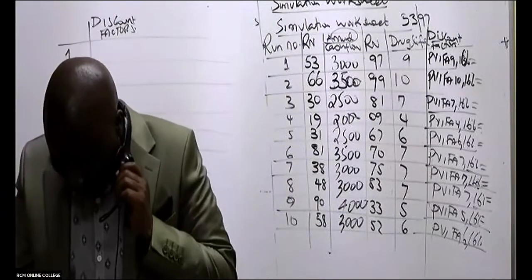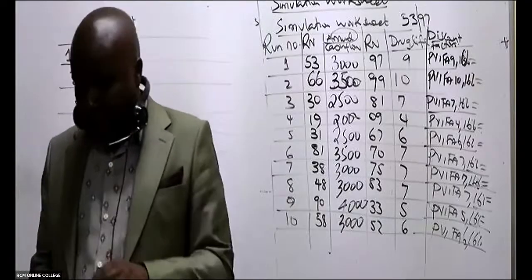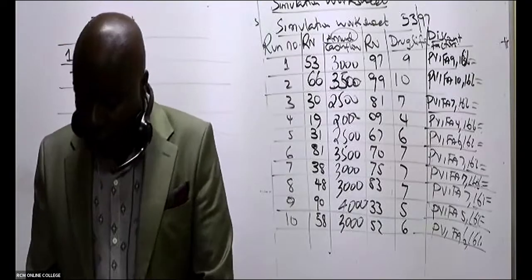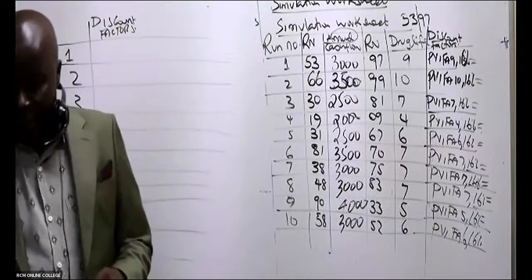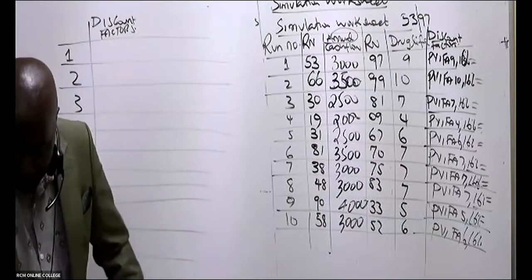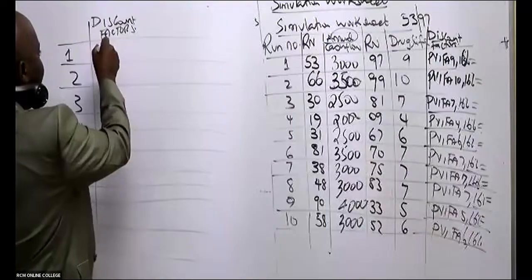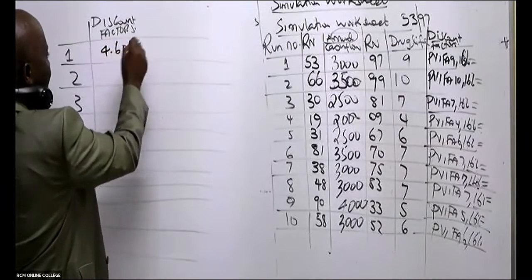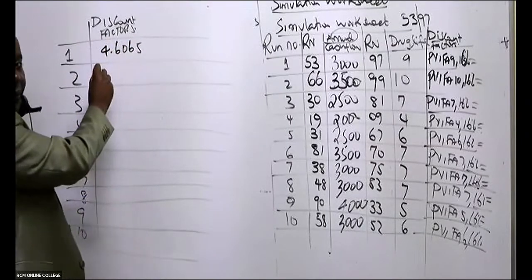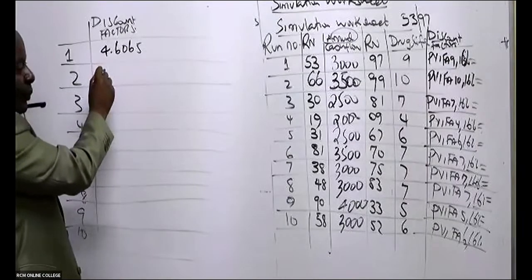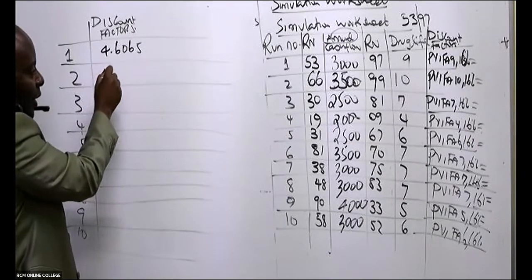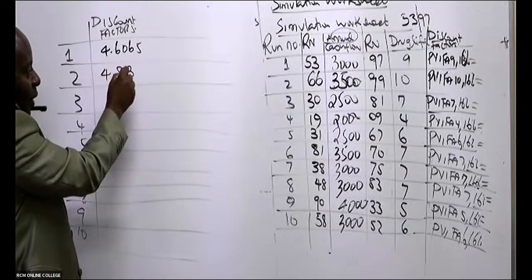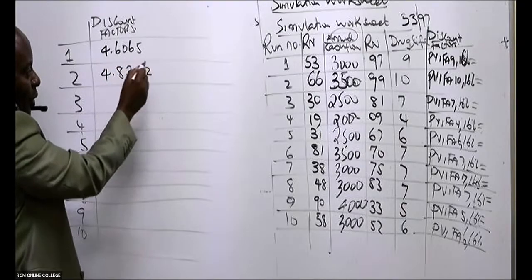Okay, so Lincoln has given me the first one, 4.65. Is there somebody who is able to get that number? How about the second one? 4.8332.